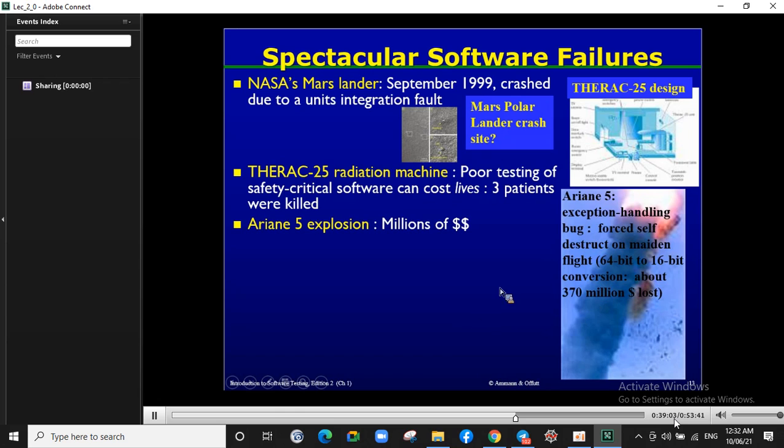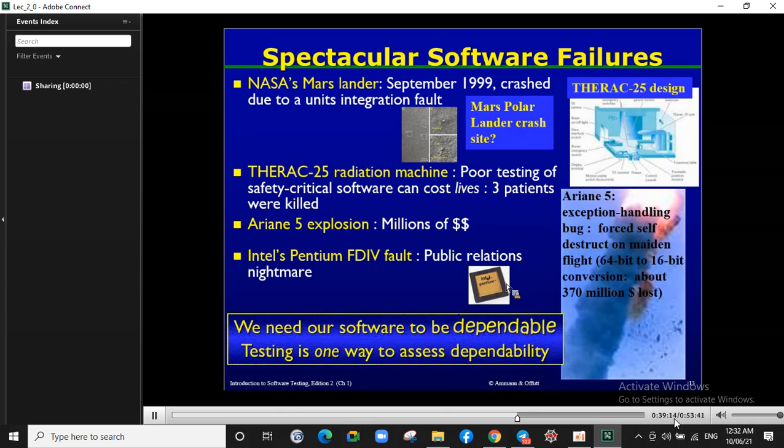There are several examples of this type in the literature. You can search and study them, what happened in recent years because of software failures.